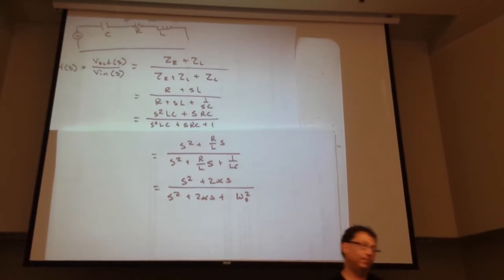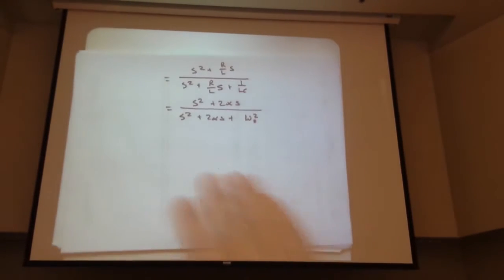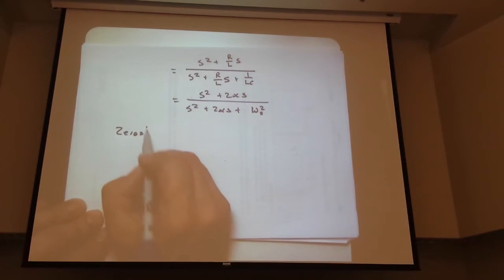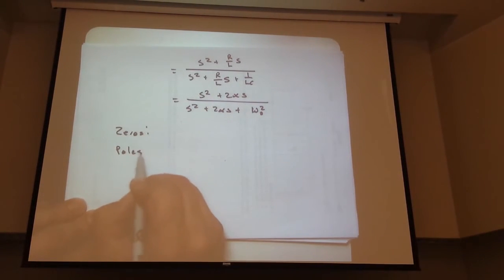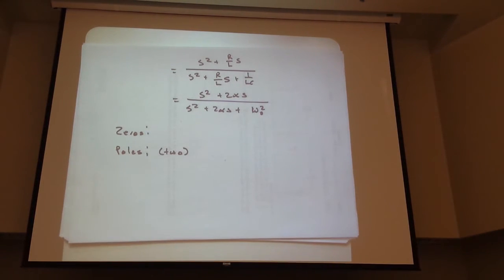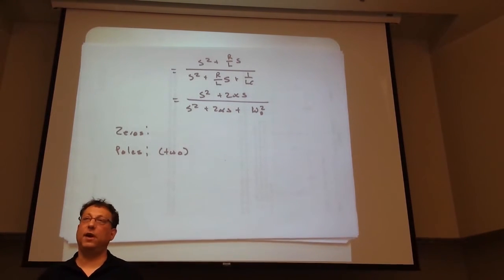Well, depends on what these values are, but we can make some observational comments. How many poles do we have? We have 2, whether they're real or double or whatever. Depends on the damping, of course. What can we say about the zeros?